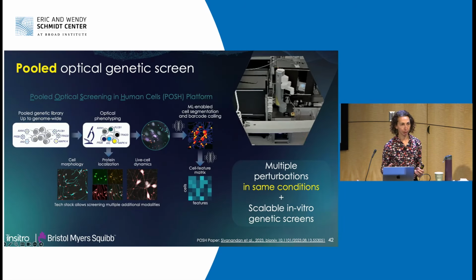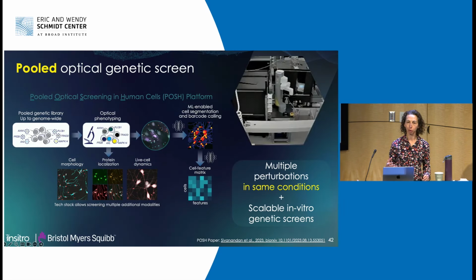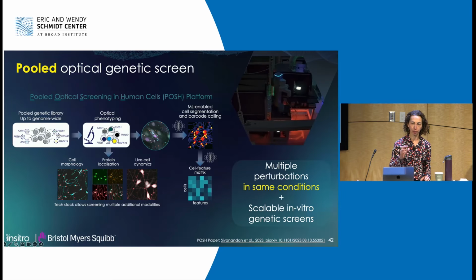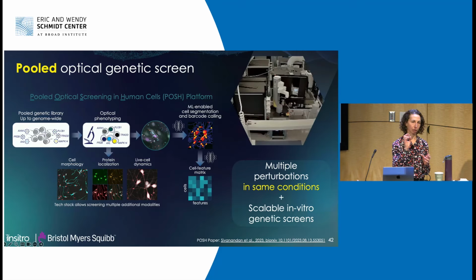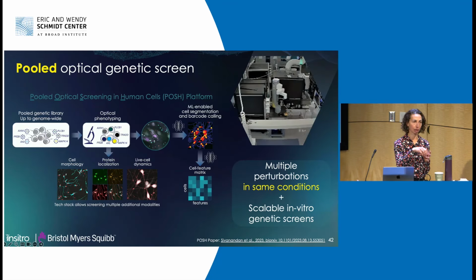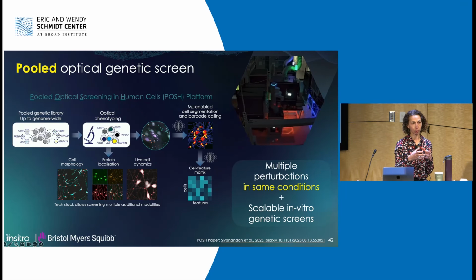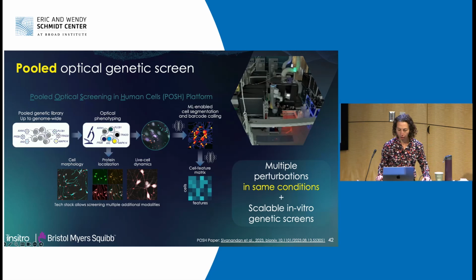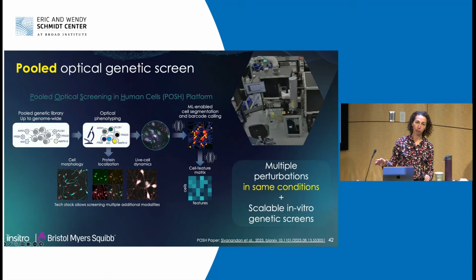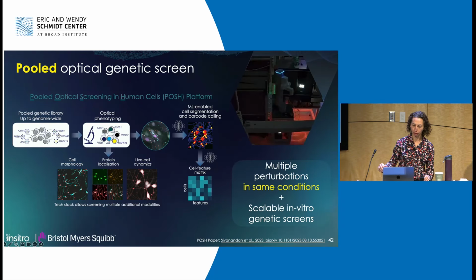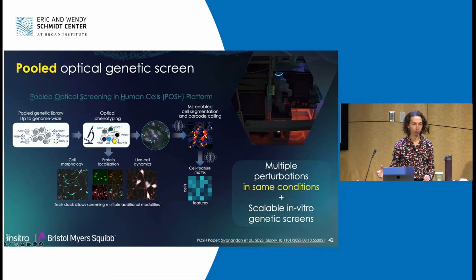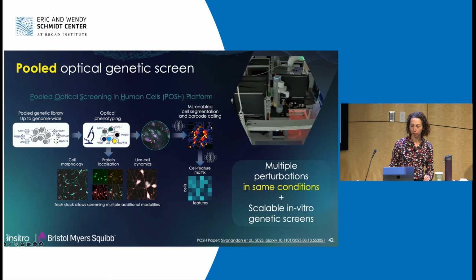To ameliorate these issues, an increasingly popular approach is to turn to pooled screens, where we take an entire set of genetic perturbations and introduce them into the same well, which allows us to look across perturbations all under the same condition. We then optically phenotype the cells using core cell morphology, localization of key proteins, and even live cell imaging.